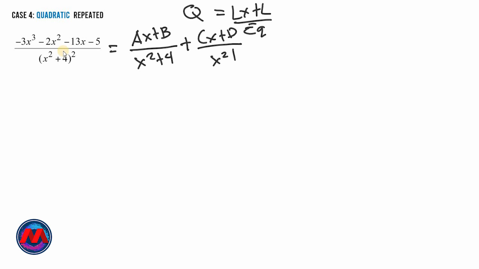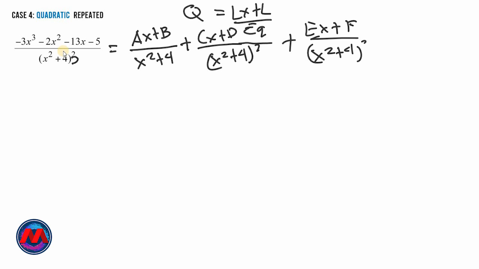X squared plus 4 squared. So, guys, kapag ito, cube yan, magdadagdag ka lang dito ex plus f over x squared plus 4 cube. Pero, mahaba na yan. So, hindi na natin gagawin yan kasi mahirap. Alright? So, tatanggalin natin yan.